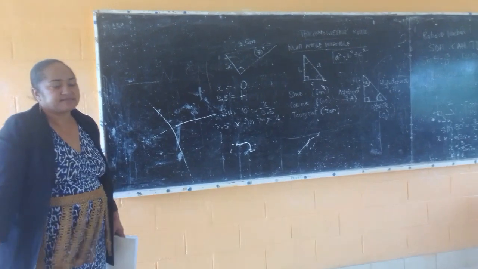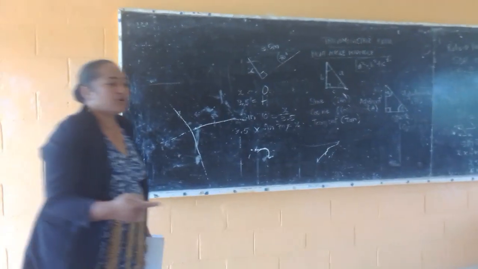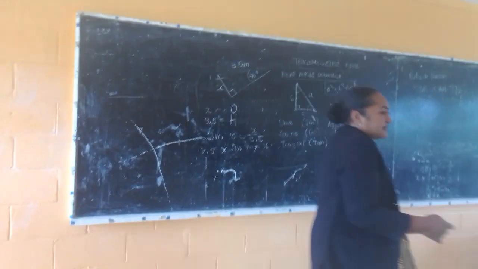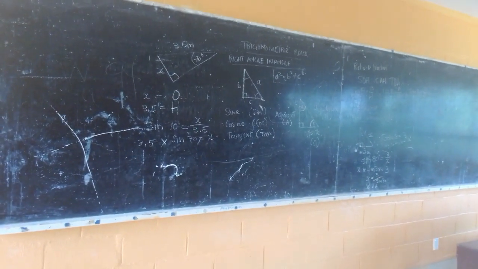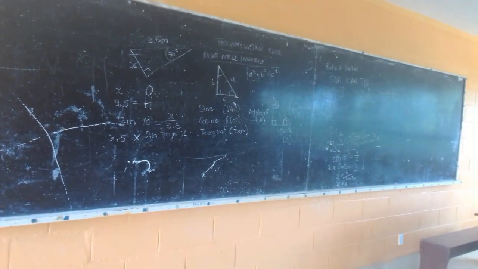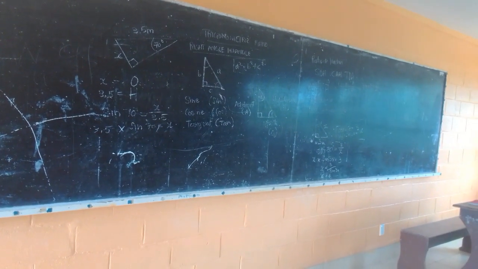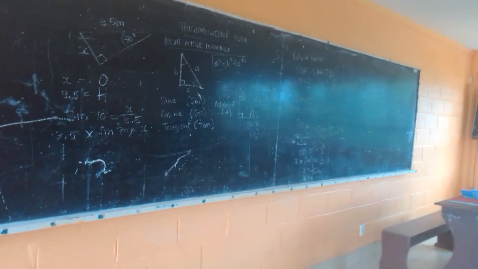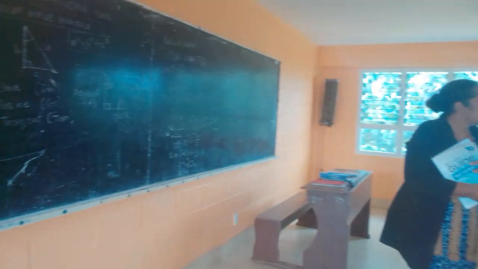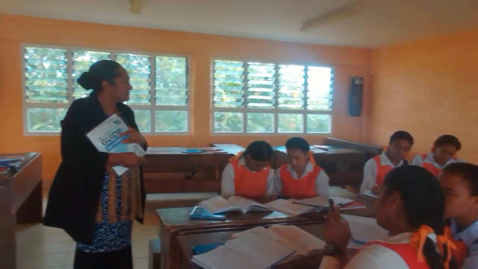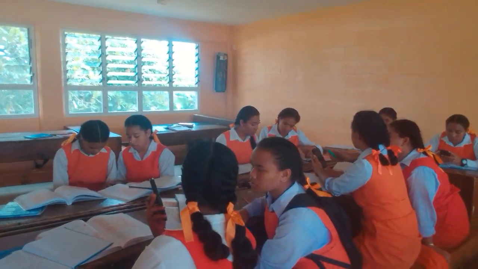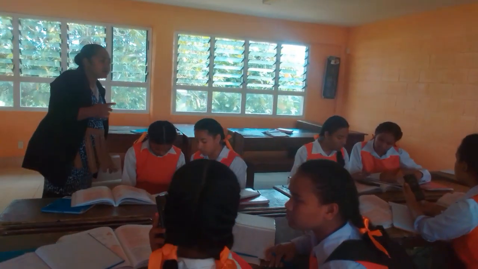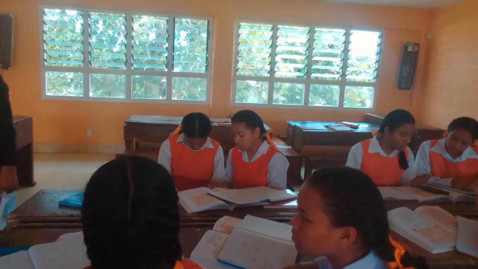Solve for x. Round it off to 2 decimal places. Anyone else have an answer? Just 3.5 times the sine of 70. 3.29?